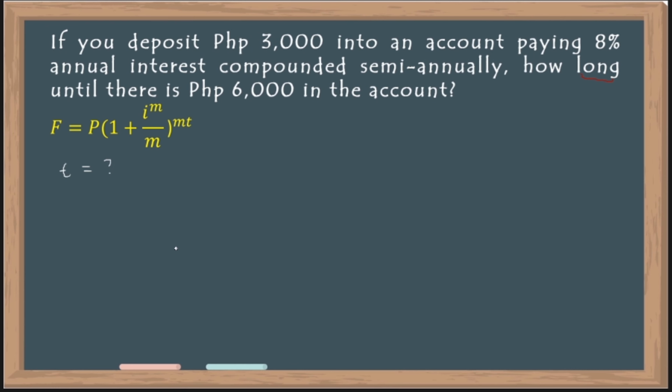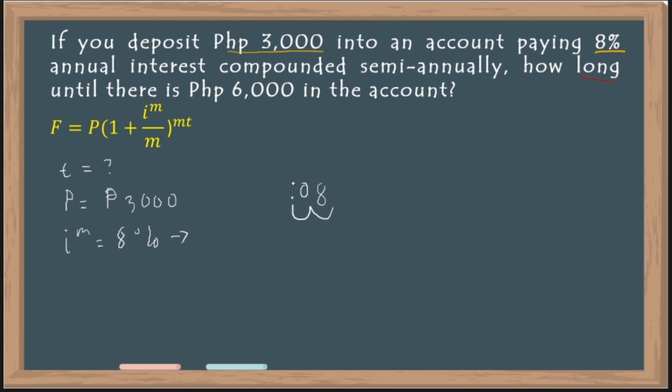Okay? Yung time. Now, what is 3,000 pesos? If you deposit, so kung nag-deposit ka, that is the original amount. So, iyan yung ating P, the principal amount, 3,000 pesos. Then, i raised to m, okay, that is the rate. So, that is 8%. Kapag ginawa nating decimal yan, kasi 8 yan, mag-move tayo ng 2 decimal places to the left. 1, 2.